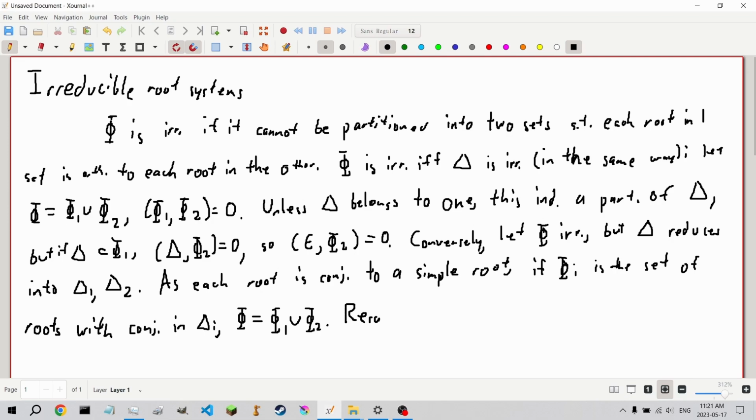So recall that if a and b are roots with the form of 0, orthogonal, then their reflections commute.